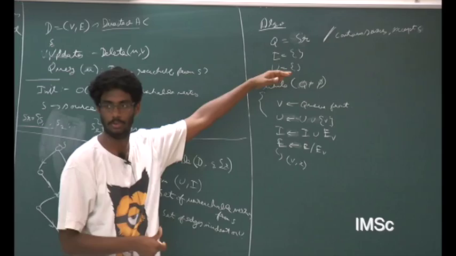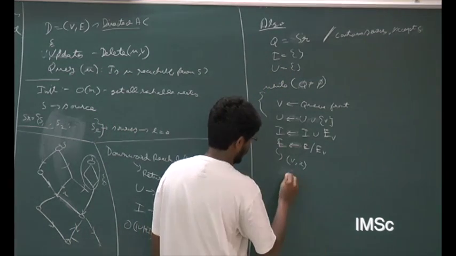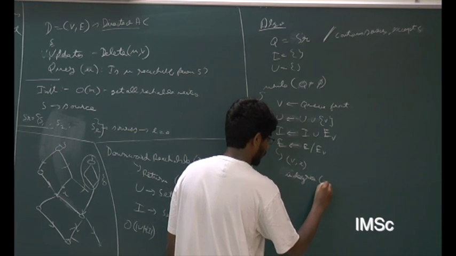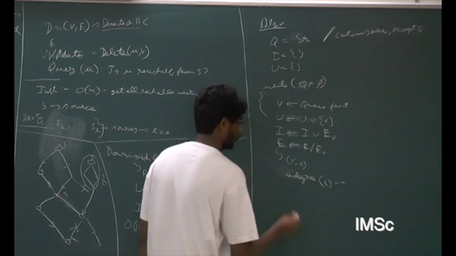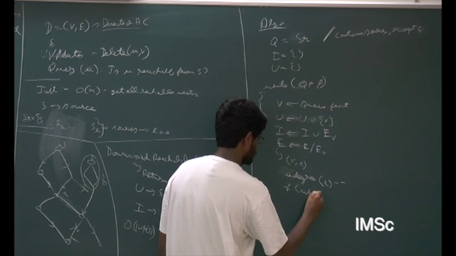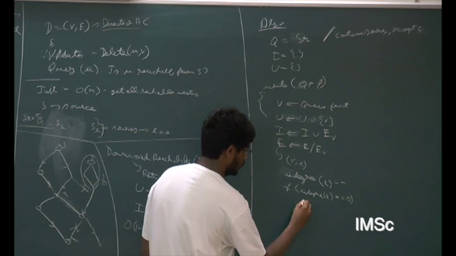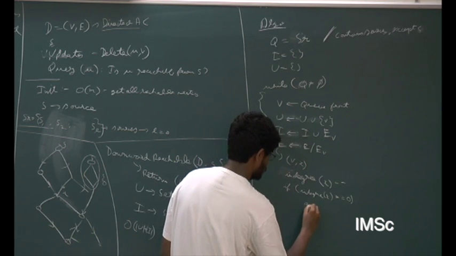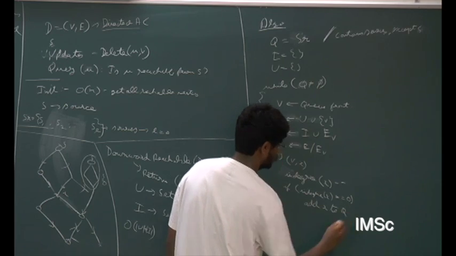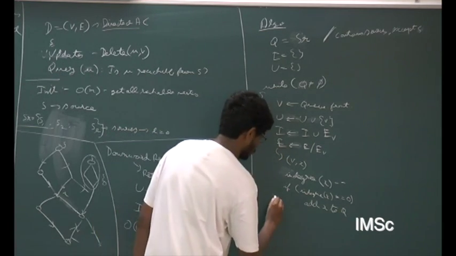Add it to Q. So in degree of X minus minus, if it is 0, then add X to Q. Fine. So this is all that is there.